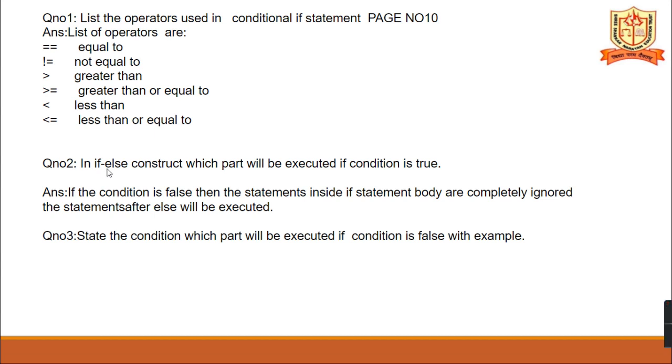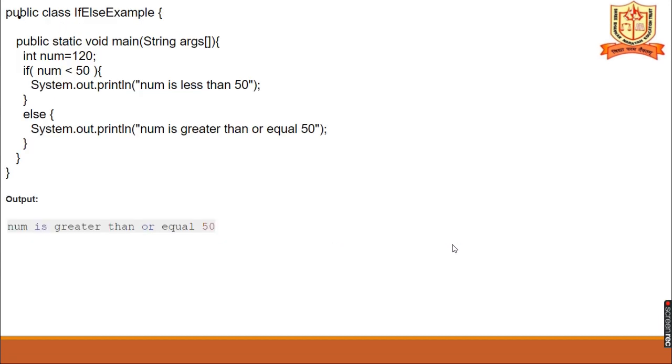Next, question number 2. In if-else construct, which part will be executed if the condition is true? Of course, if the condition is true, the statement inside the if will be executed. And state which part is executed if the condition is false, with an example. So here is a simple example of an if-else statement. int num equals 120, so we have assigned this value 120 to this num variable.